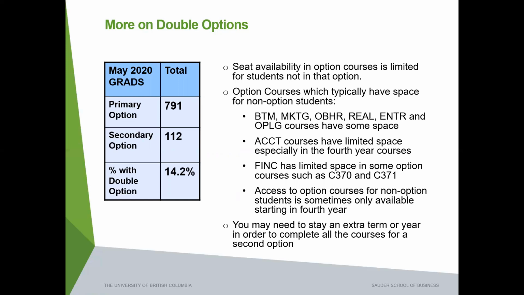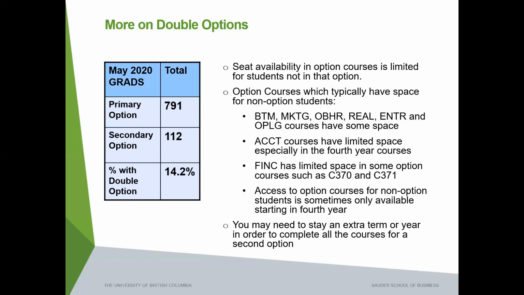Those seats are called general seats. The seats that are set aside for students who have chosen these particular options are called restricted seats. And then the general seats would be available first come, first serve to anybody who might want to pick up these courses as electives or to complete a second option. And again, those would be counted towards your electives.